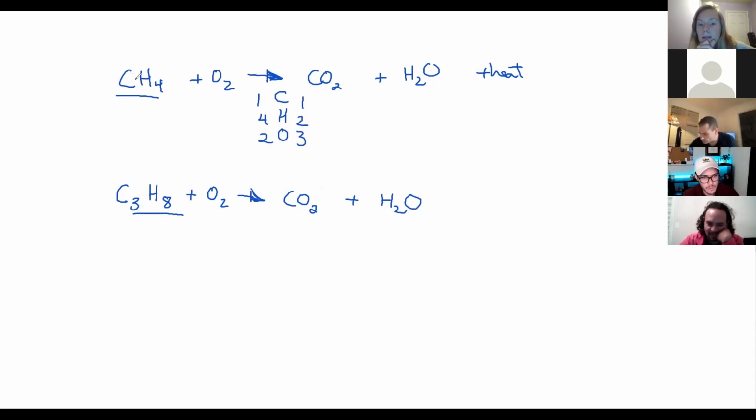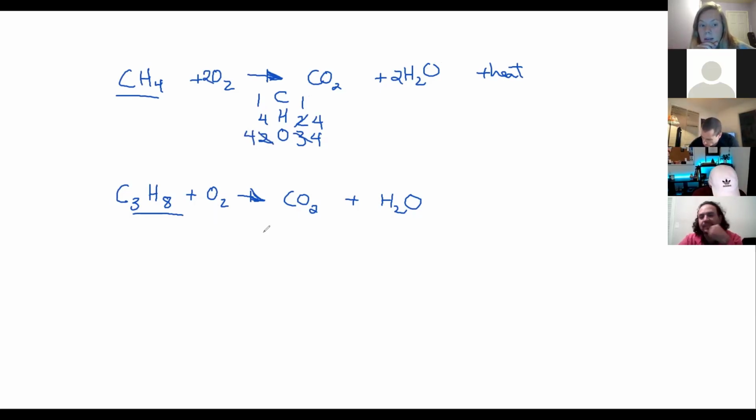So I have 1 carbon on each side. 4 hydrogens on this side, I need 4 on the other, so I put a 2 in front of my water. That changes my hydrogen to 4 and my oxygen to 4 as well: 2 here, plus the 2 going on here, for a total of 4. Thank goodness, because it's much easier to balance 4 over here. I just put a 2 there, and that makes it 4, and we're balanced.